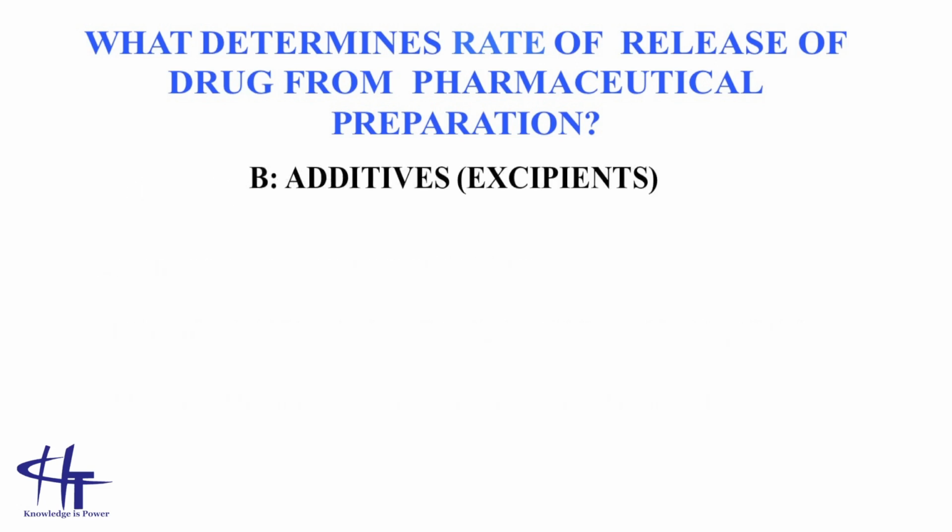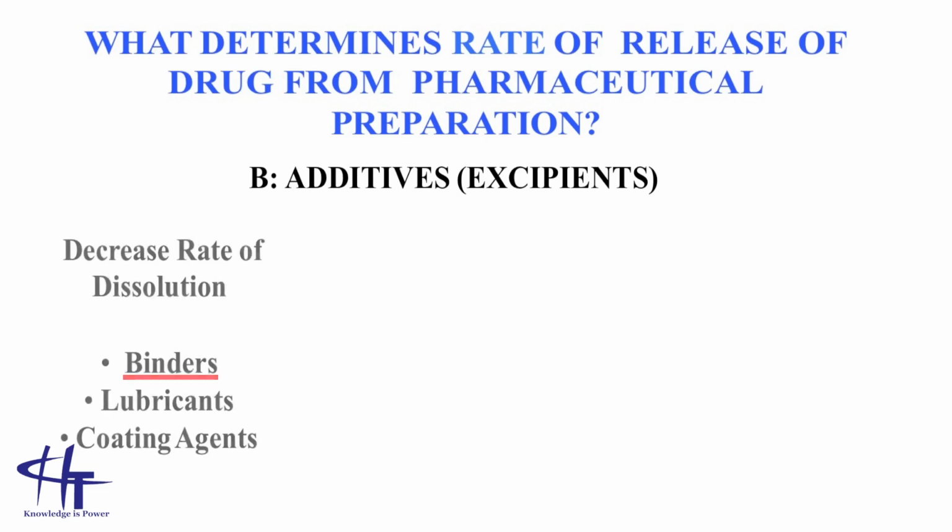Now, the other one are what we refer to as the additives, or the excipients of the drug. In other words, what has been added in this drug. Binders are basically those things that hold the drug together. So you see a tablet, it's held together by what we refer to as binders.